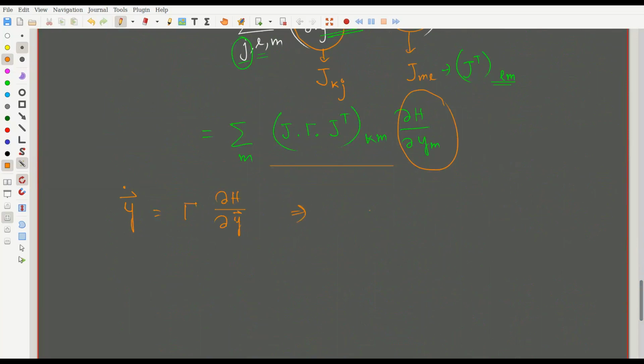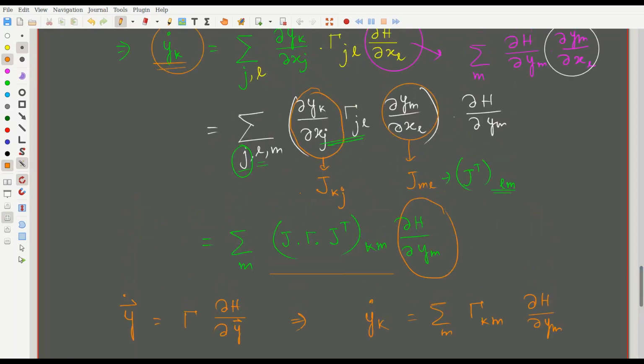That means yk dot equals summation over m gamma km del h del ym. But I see that my yk dot turns out to be this times del h del ym. So obviously I will compare apples with apples.